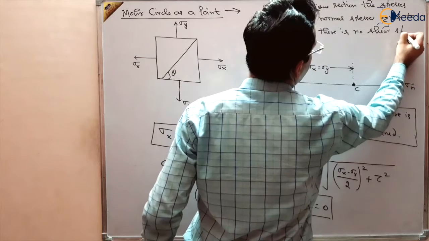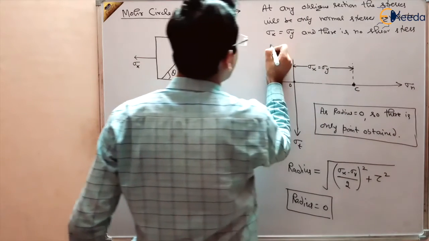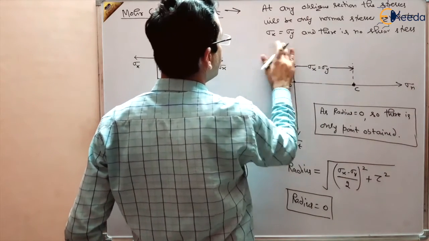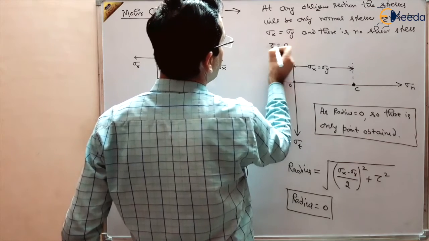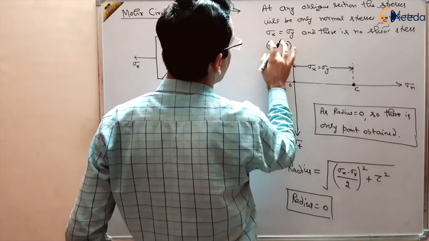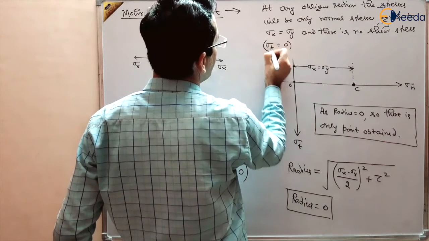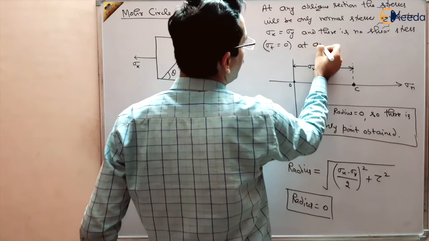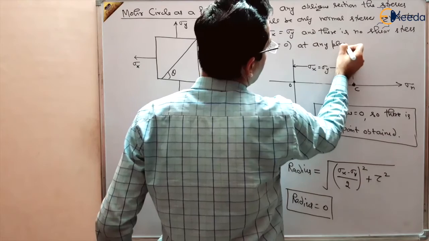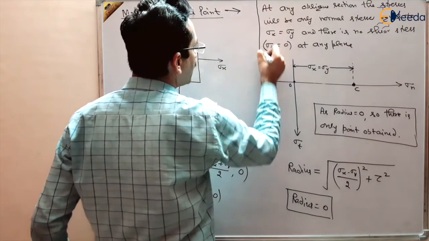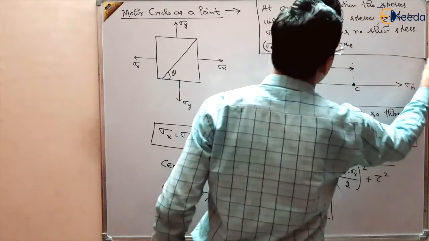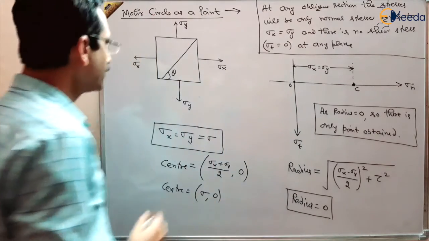No shear stress means tau will be equal to 0, or sigma t will be equal to 0. We are using sigma t. So sigma t will be equal to 0 at any plane.